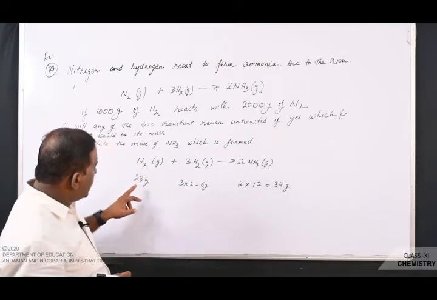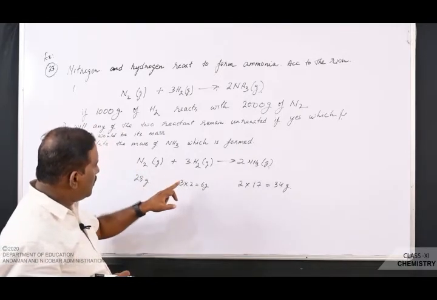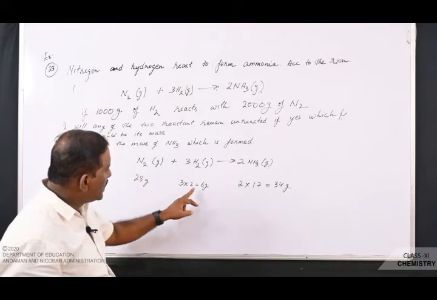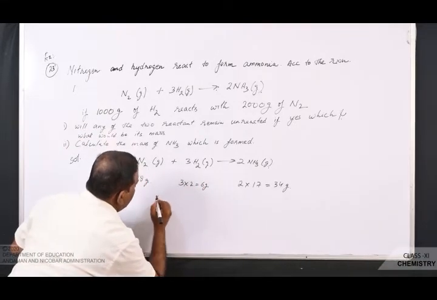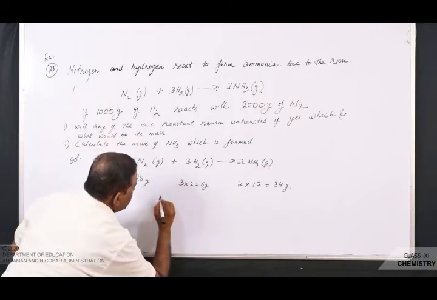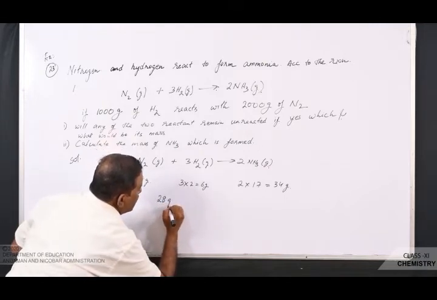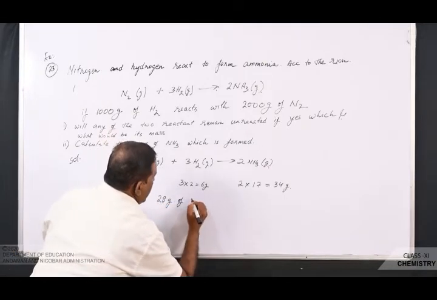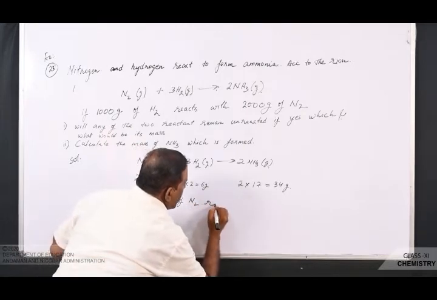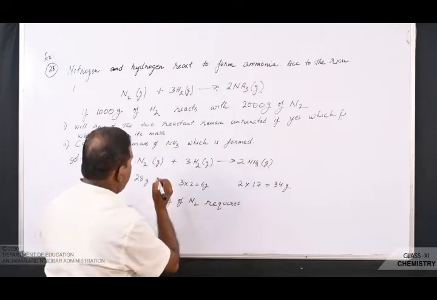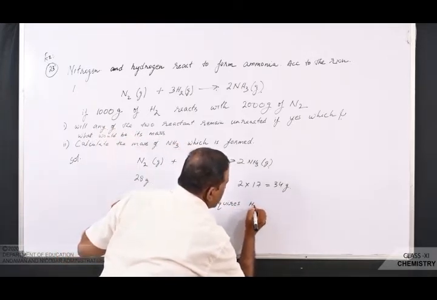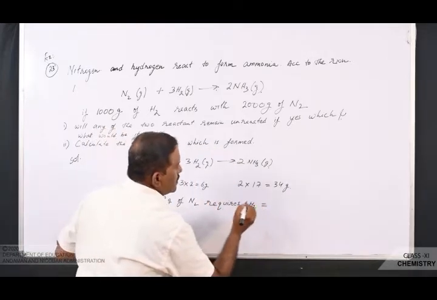So according to the question, 28 grams of N2 requires 6 grams of H2.